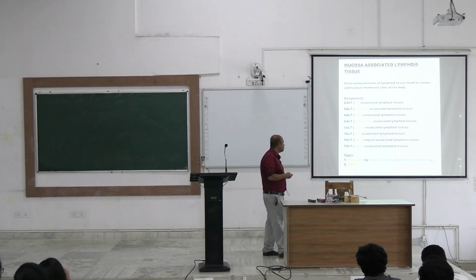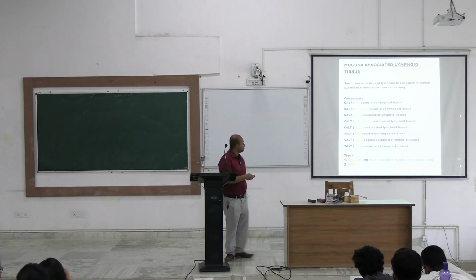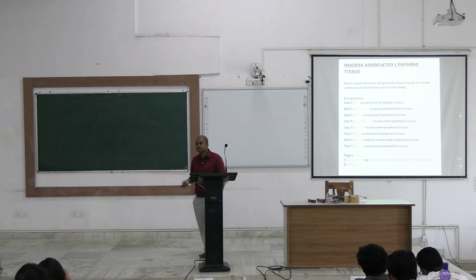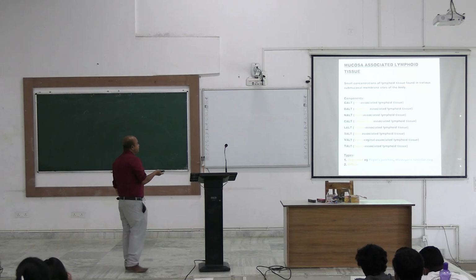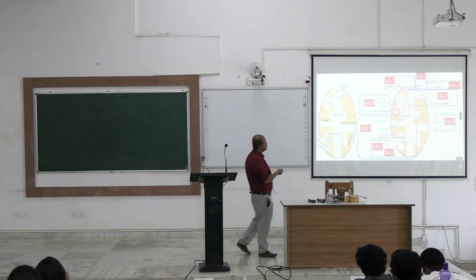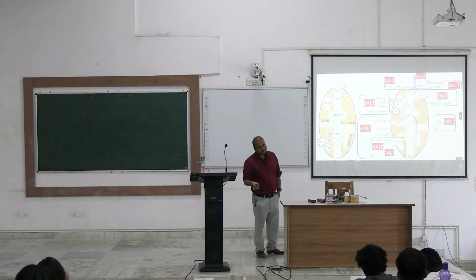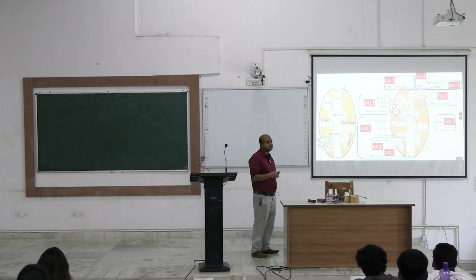Sometimes these are diffuse, and sometimes they are organized, like the Peyer's patches in the small intestine and the tonsils. They lie along the different parts of the body: in the genitourinary tract in females, the reproductive tract in males, the GI tract. Everywhere these types of tissues are there.